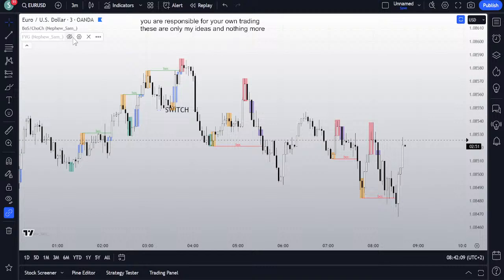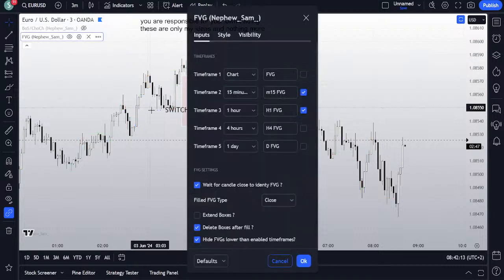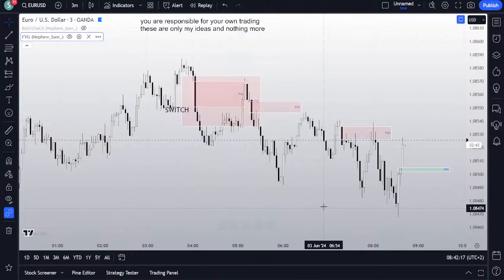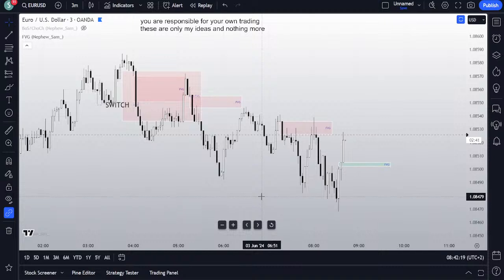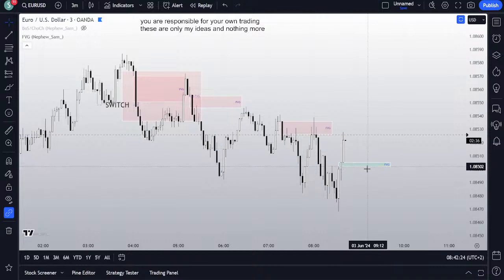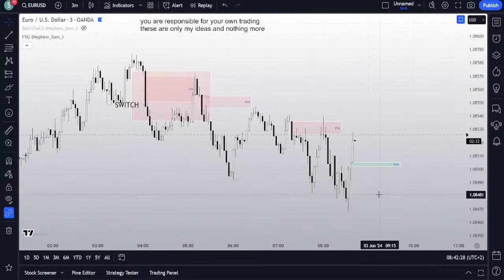Then I found this thing, another indicator I was looking at. Let me do this. So this displays some gaps as well. So there's a gap here. And what use does it have? Well, you see, we didn't close above this, so this should have power, which is correct, right?